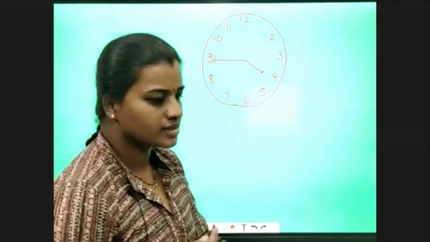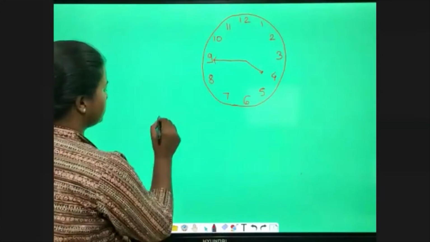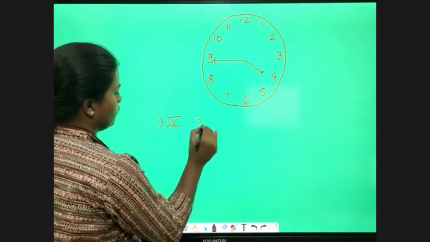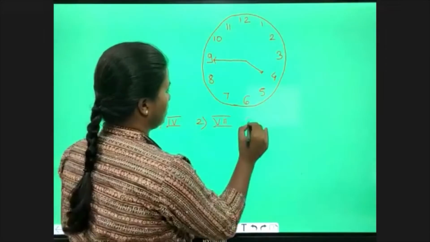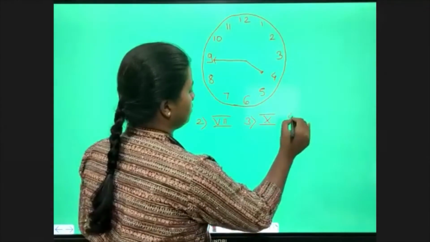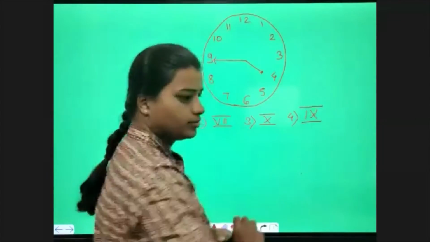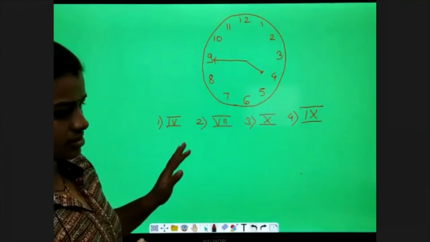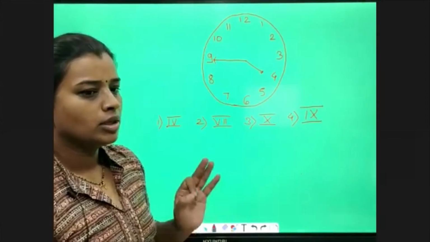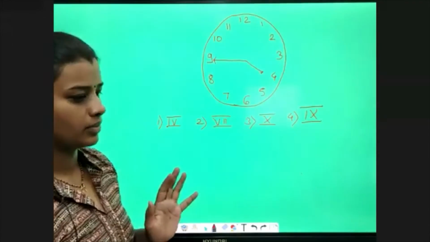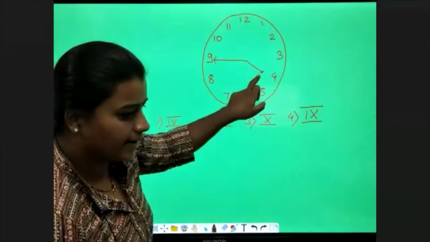Okay. First I will write options and then I will ask you next question. So your options are 4, then 8, 10, and the fourth option is whatever it is. They have asked us, on which Roman numeral would the minute hand be?